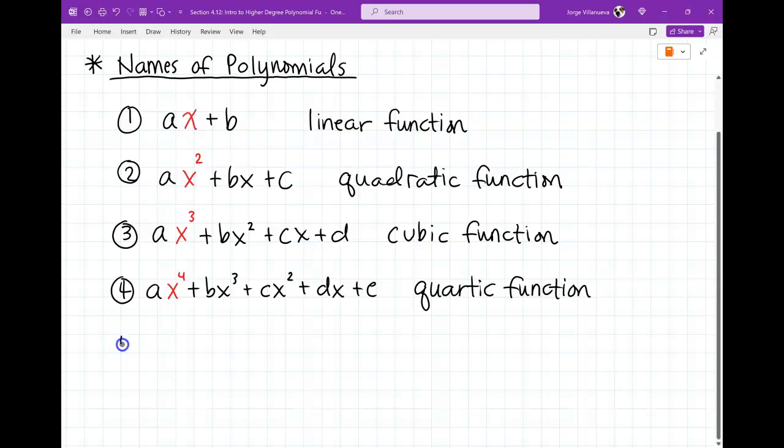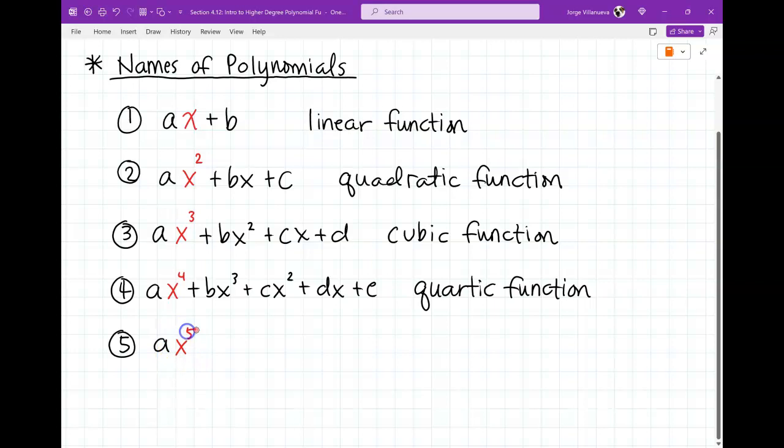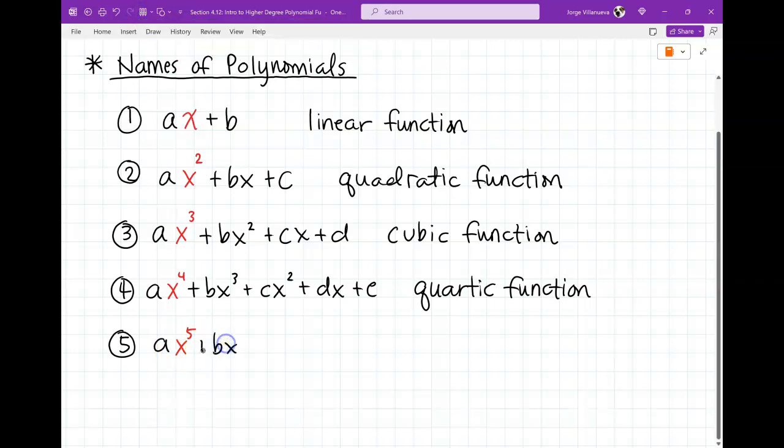So here's the last one. So ax to the fifth, and after that they don't really want us to go any further. So this would be bx to the fourth plus cx cubed plus dx squared plus ex plus f.